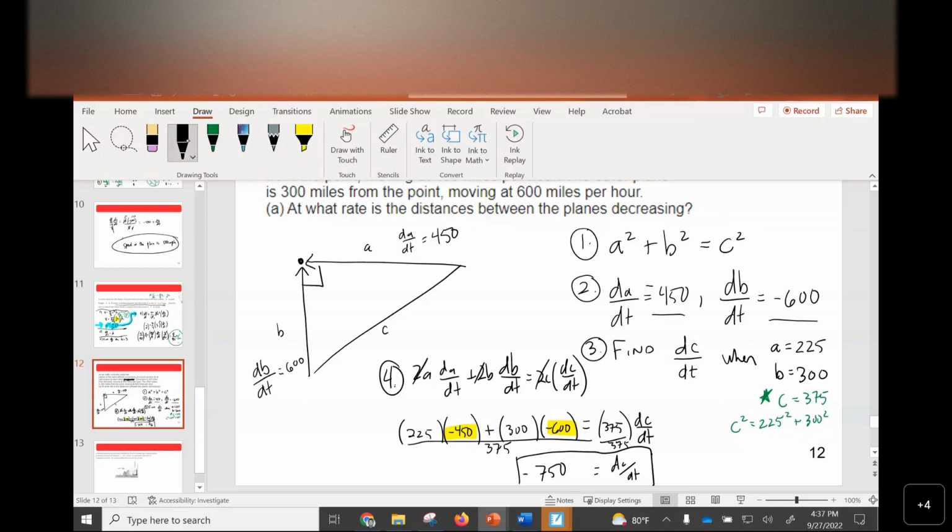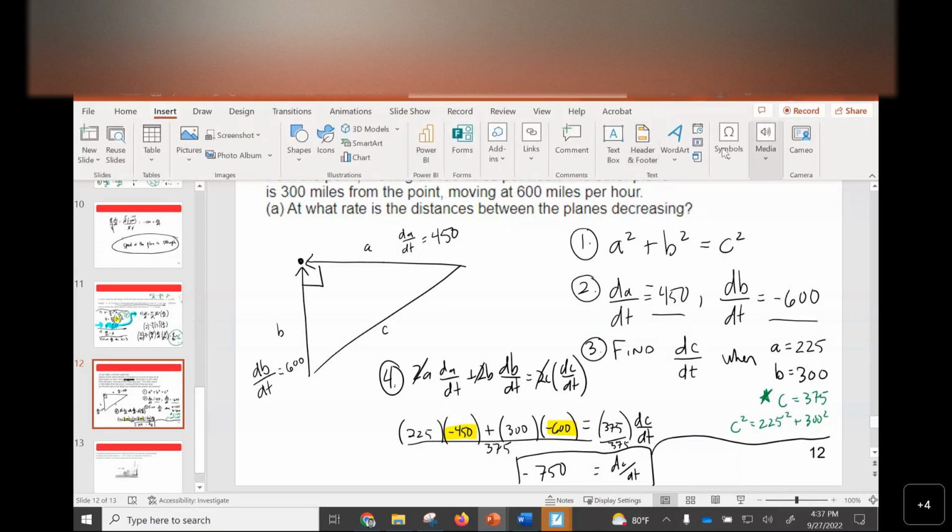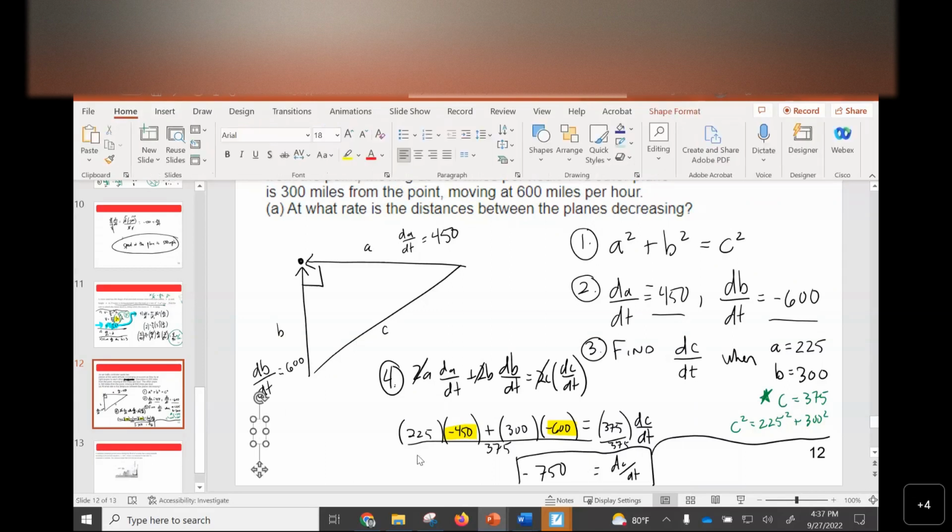And how can I answer the question? Well, if you said negative 750 miles per hour, that'd be okay. You have to indicate that it's decreasing. Or we can word it. I think a better way is to word it like this. Here's a real good answer. At what rate is the distance between the planes decreasing?